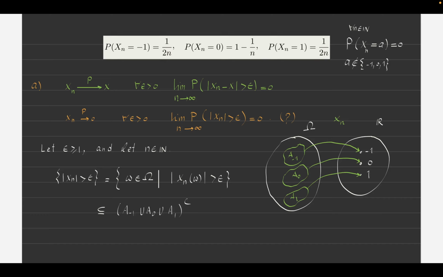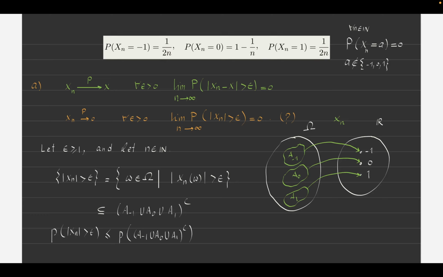Okay, so then it means that because this set is a subset of that, the probability of this set, which I am interested in calculating, is less than or equal to the probability of this event. So this means that the probability of the absolute value of x n greater than epsilon is less than or equal to the probability of the complement of A -1 union A0 union A1.